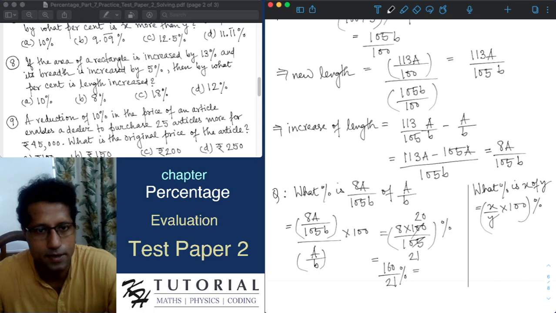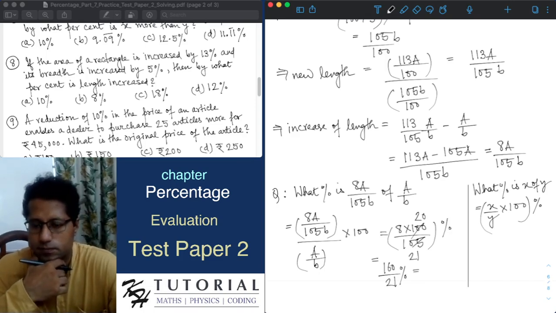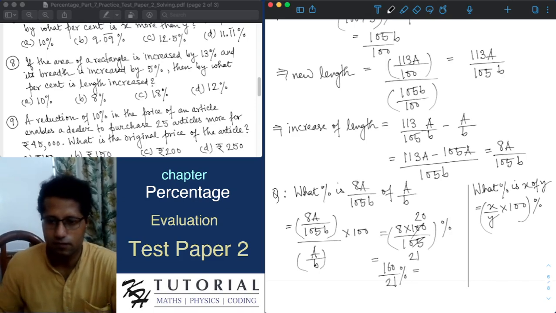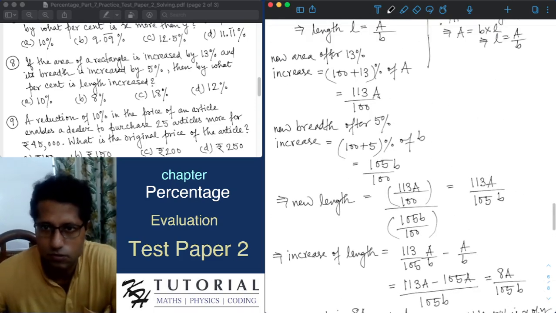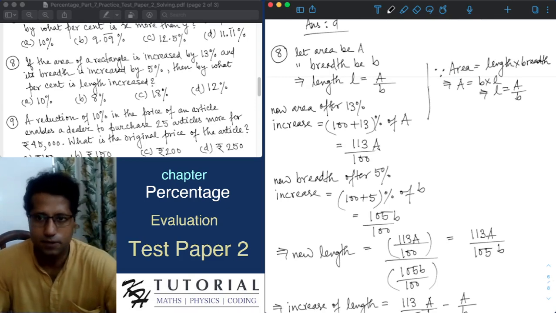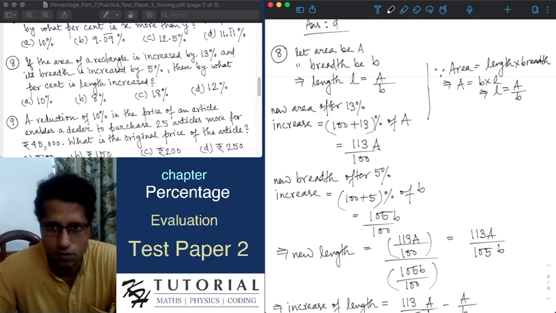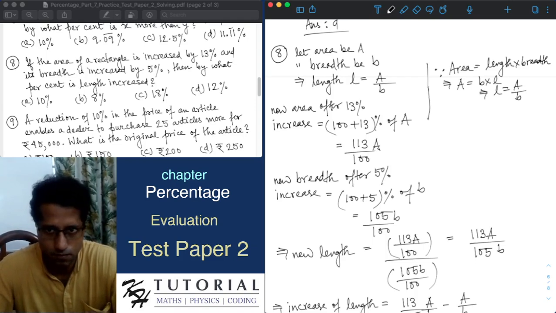The choices are 10, 8, 18 and 12, but we are having 160 by 21. 21 will not divide 160. So I might have done some calculation mistake. Let me check again. Let the area be A and breadth be B. So the length becomes A by B. Okay. Now the new area is increased by 13%. So the new area will be 100 plus 13% of A, which is 113 by 100 A. Okay.